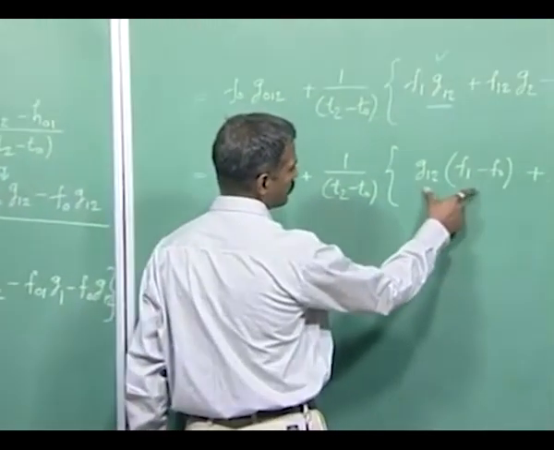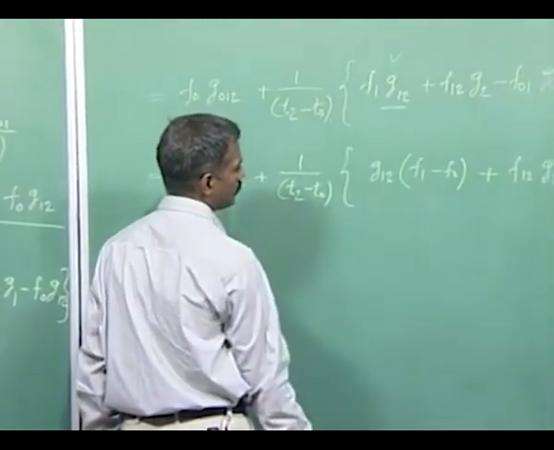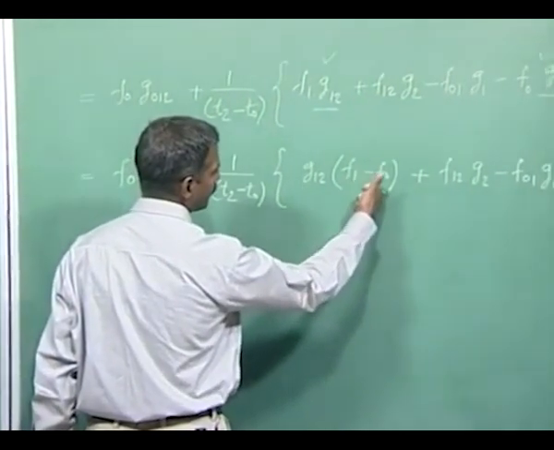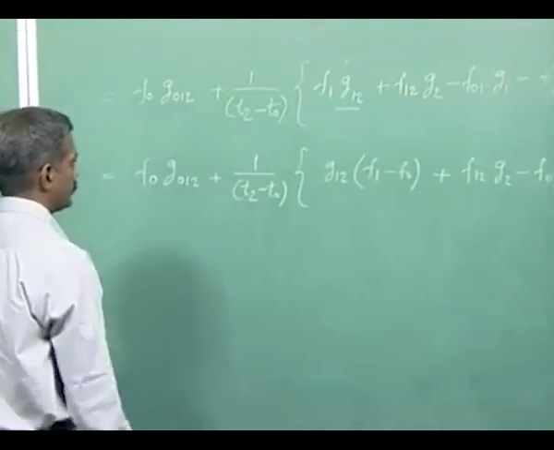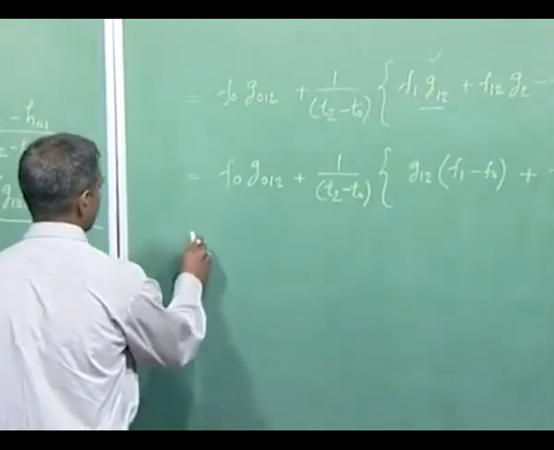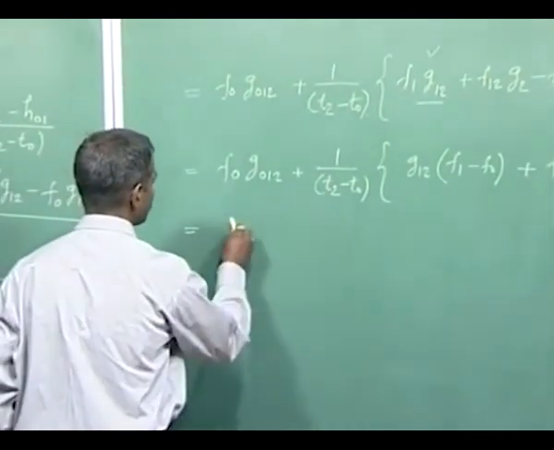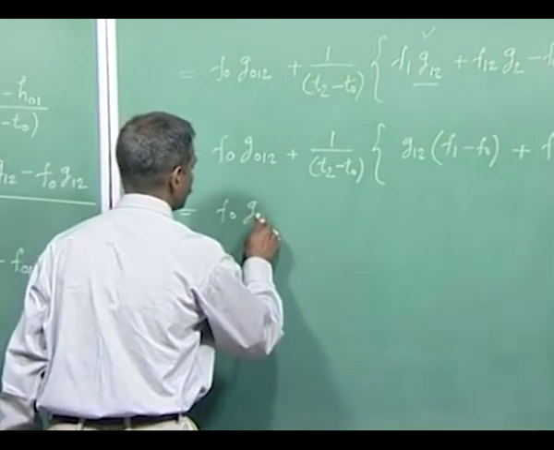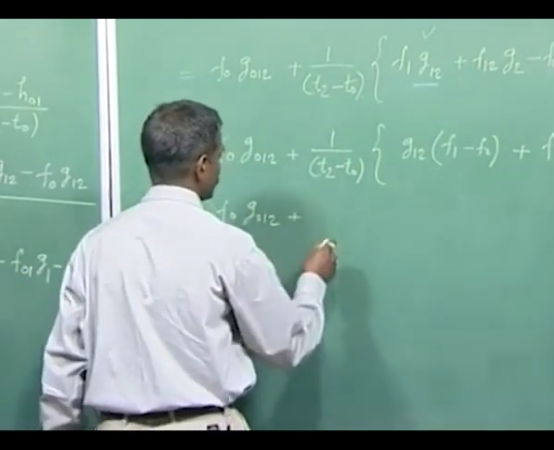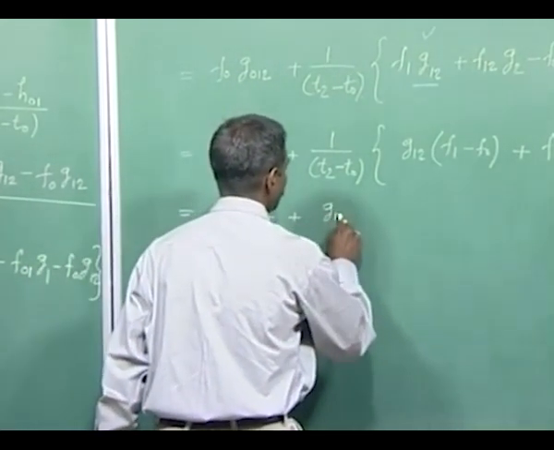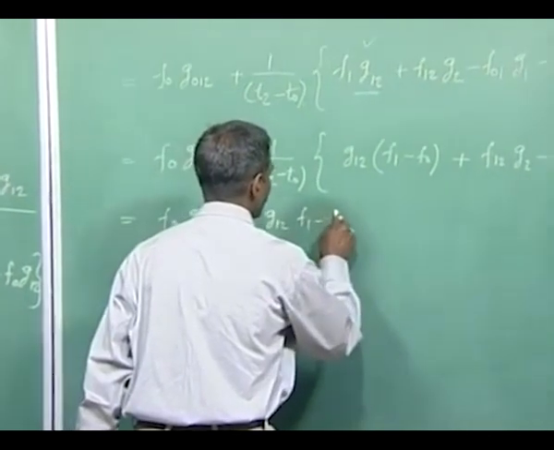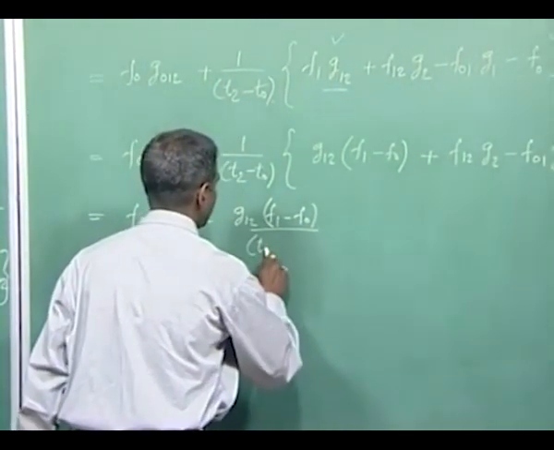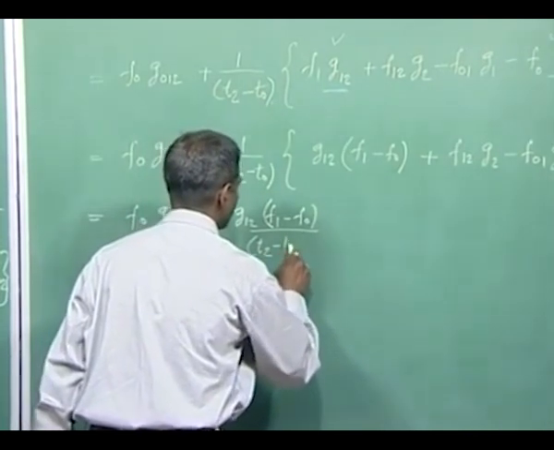Now if I notice this expression, I can see the first divided difference in F getting filtered out. So this expression becomes F0 G012 plus G12 times F1 minus F0 over T2 minus T0.